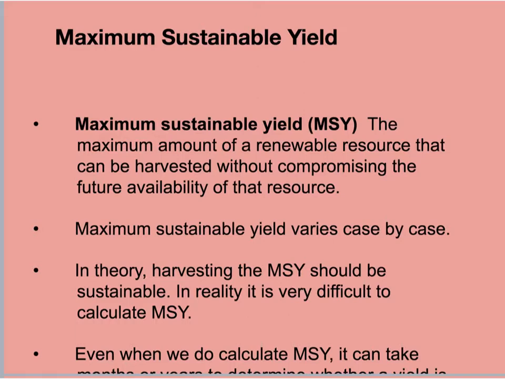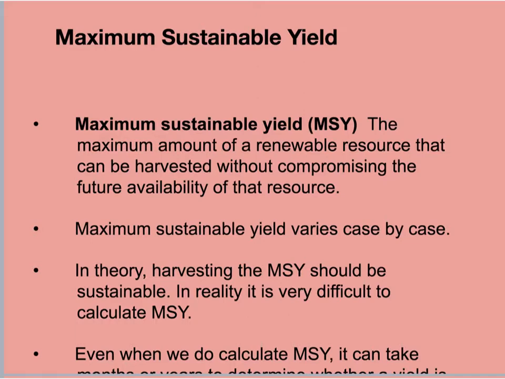So some intermediate amount of hunting will leave enough adult deer to reproduce at a rate that will maintain the population, but not leave so many that there's too much competition for food. This intermediate harvest is what we call the maximum sustainable yield. Specifically, maximum sustainable yield of a renewable resource is the maximum amount that can be harvested without compromising the future availability of that resource.